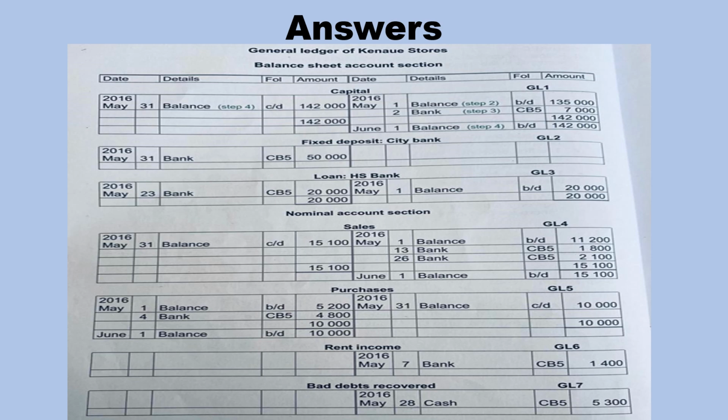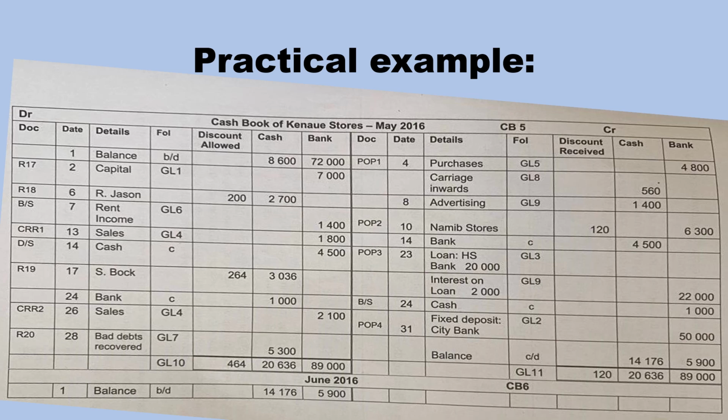So this fixed deposit was maybe recorded on the credit side. Why am I saying maybe? Because the rule says what's on the credit side comes on the debit side, and here it's recorded on the debit side. Let's look at it. Okay, fixed deposit on the 31st, it's on the credit side. So this is exactly how it works.